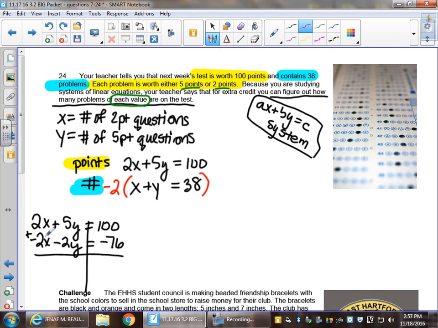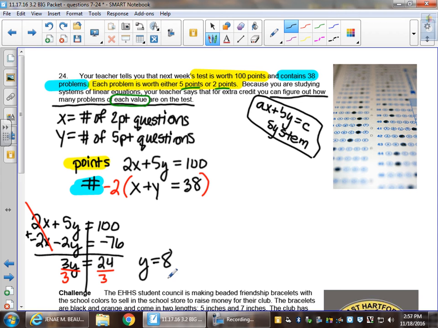My x's will cancel. 5y minus 2y is 3y. 100 minus 76, I got 24. And then divide by 3. Y equals 24 divided by 3 is 8.